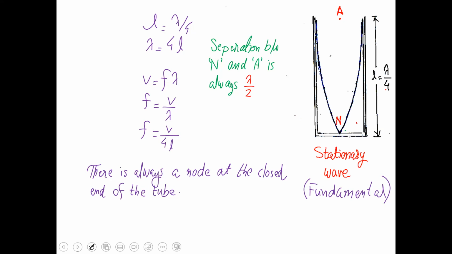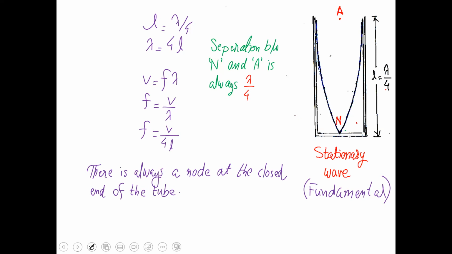Separation between node and antinode is always lambda by 4. Just let me correct it, lambda by 4. Everyone has to learn this very important property. Remember, node to node is lambda by 2 and node to antinode is always lambda by 4.